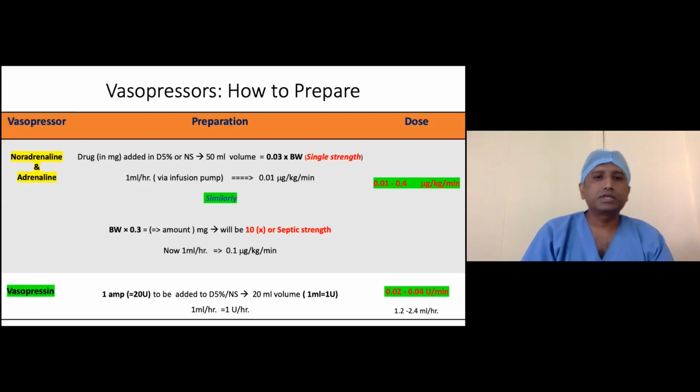Now, how to prepare these vasopressors? For preparation of noradrenaline and adrenaline, it remains the same: we have to mix the drug in 5% dextrose or normal saline in a 50 ml syringe. How much drug has to be taken in milligram?